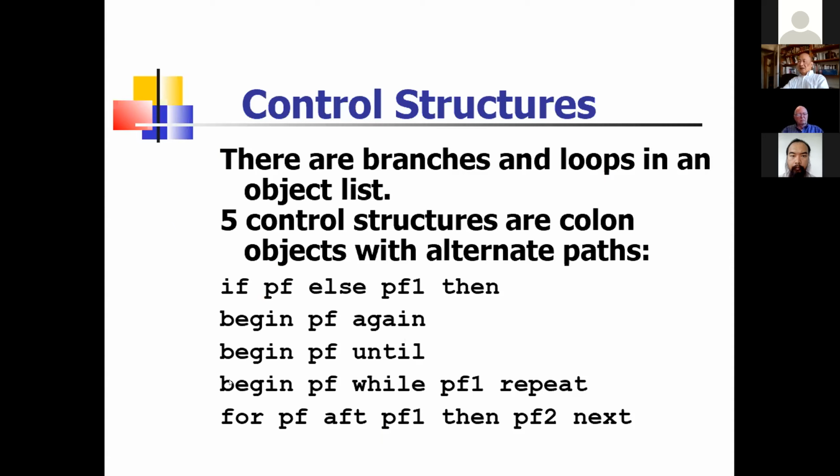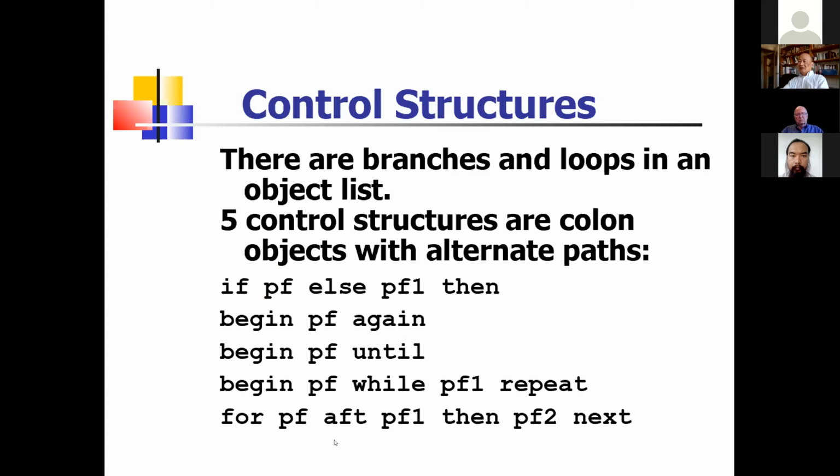And the begin while repeat loop: you execute PF at the begin, and when the while test is true, you execute the PF and then repeat the whole process until the while sees 0, then you branch off.